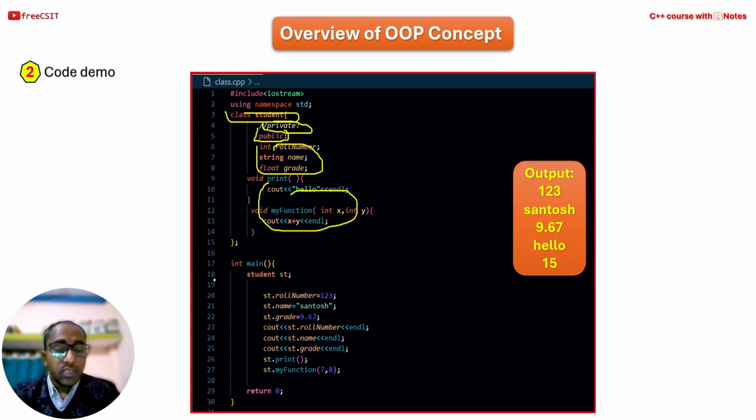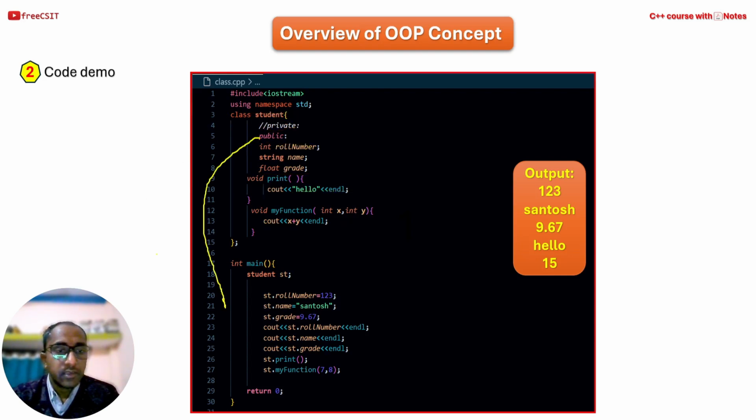After that, set the value to the attributes. So here is the private keyword. If you keep it private, it will not be accessed from outside the class. If you make it public, it can be easily accessed from here.